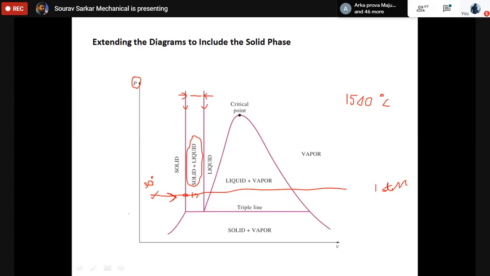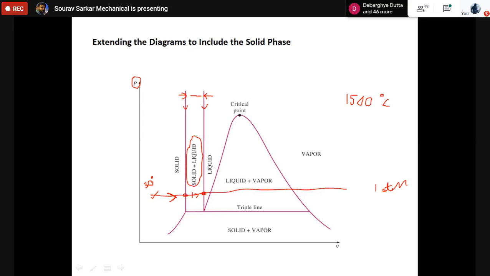So I am not giving the ice example, I am giving a solid iron example. If you start to heat this solid iron, initially it will reach its melting point. After the melting starts, everything will convert into a mixture of solid and liquid, and finally after reaching this point, the melting ends.